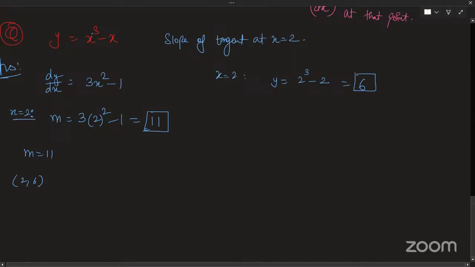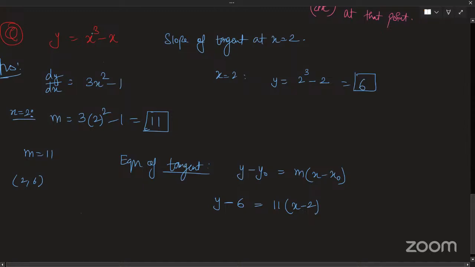So can you tell me what will be the equation of tangent? Y minus y naught is equal to m times x minus x naught, right? So y minus 6 is equal to 11 times x minus 2.